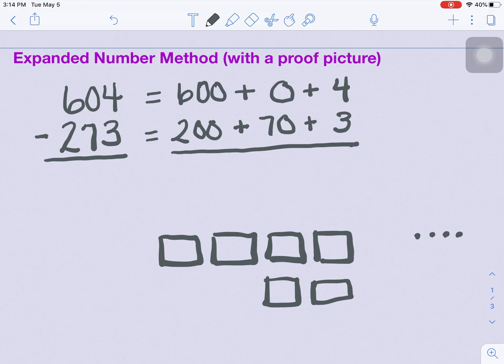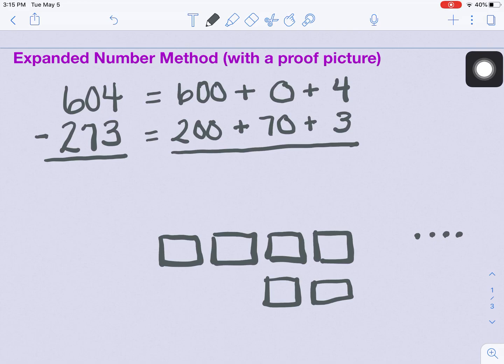I left a little space there, because even though right now my equation says I have 0 tens, I might need to make more tens later. When I look at it, I have 4 ones and I need to take 3 ones away, so I wouldn't have to ungroup a 10 to get enough ones.